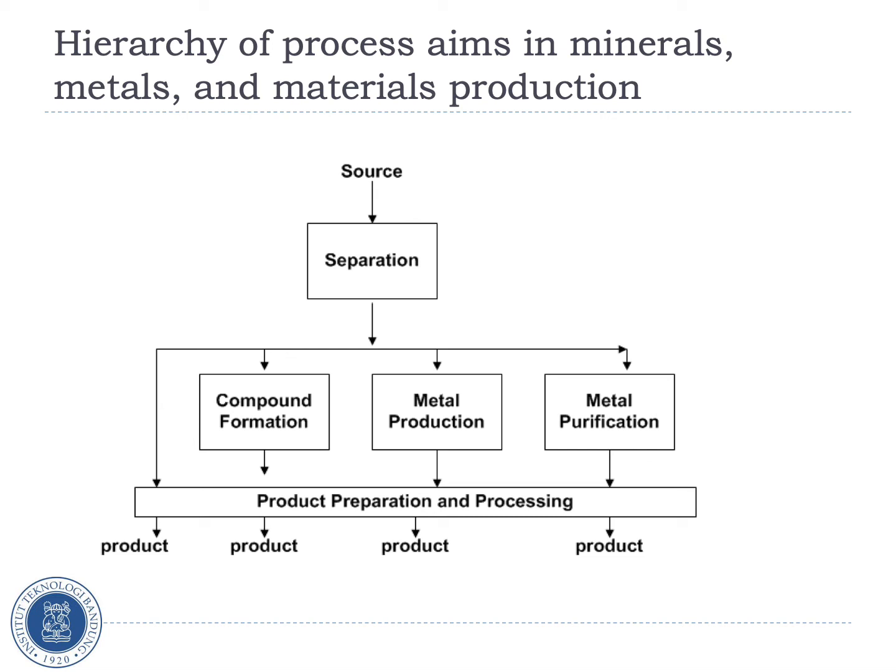For the processing, there are three types of processing based on the output. The first one is compound formation. The second one is metal production, and the third one is metal purification. For example, for compound formation, in West Kalimantan there is a chemical plant called Indonesia Chemical Alumina.